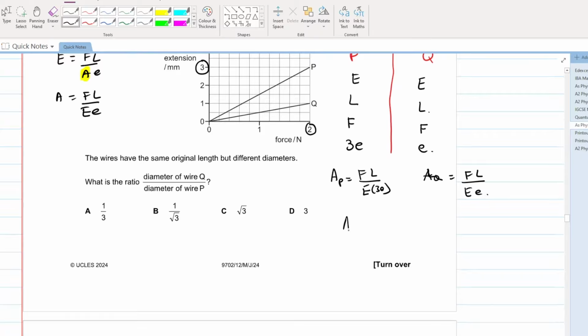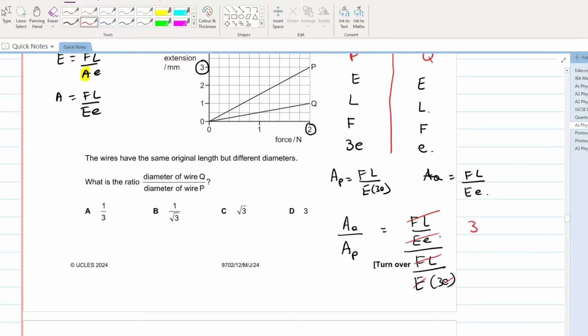You have to calculate the ratio of diameter of Q divided by the diameter of P. First of all, let's calculate the ratio of area. Area of Q divided by the area of P. This comes out to be what? FL over capital E small e divided by FL over capital E 3e. Can you realize what will happen? FL cancels out, E cancels out, this e will come to the top side.